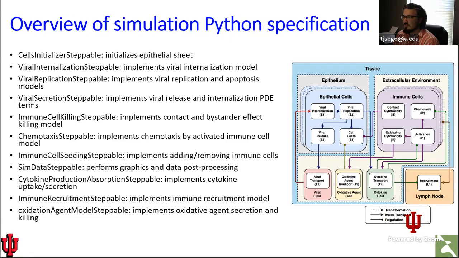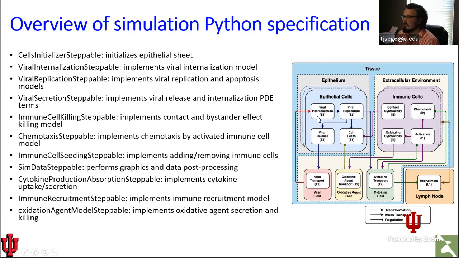But one thing you will notice is a certain methodology for model specification that we have implemented with this framework and that we encourage when it's further developed and extended. As the names imply, most of these steppables implement specific modules in the framework.